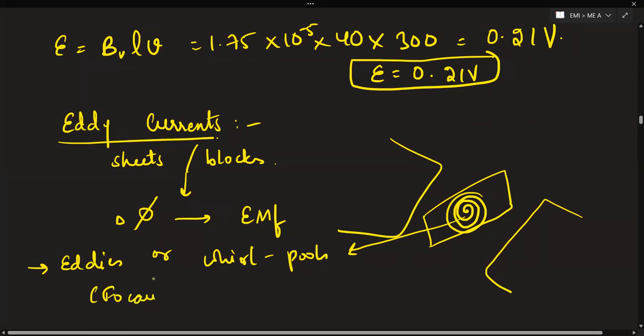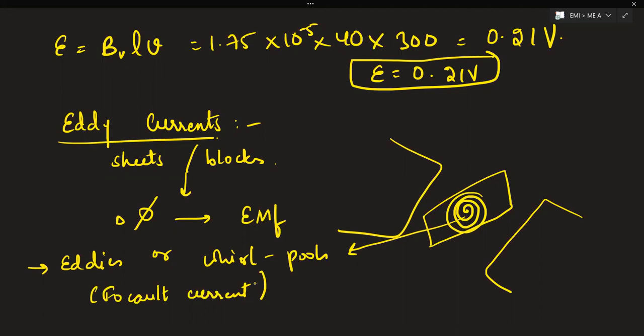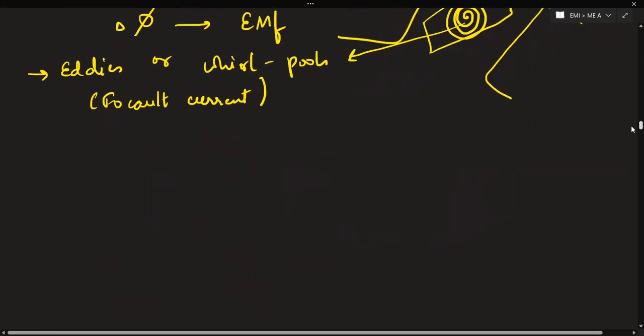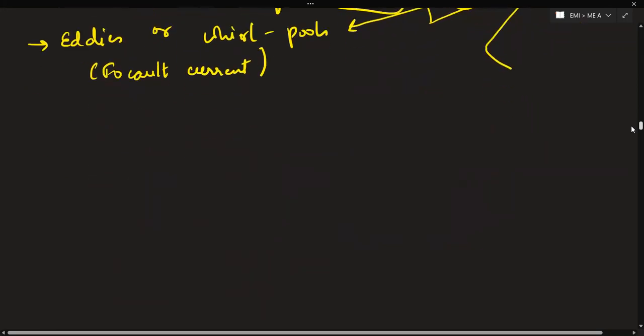I don't remember the full name, but it was Foucault, and in the 1800s he first discovered eddy currents. Later, because of the whirlpool-like nature, they were named eddy currents. So keep this in mind. You don't have to write down anything about it.